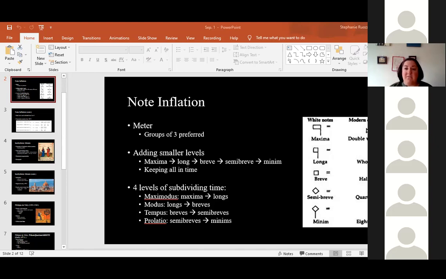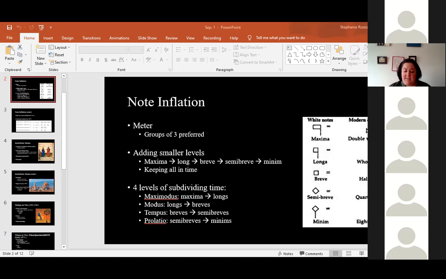So the governing principle of time in music becomes meter. They started organizing note durations according to meter. In other words, if I want 3 pulses grouped together, then I need to organize my rhythms accordingly. And for the reasons we discussed before, composers preferred groups of 3 at each level.